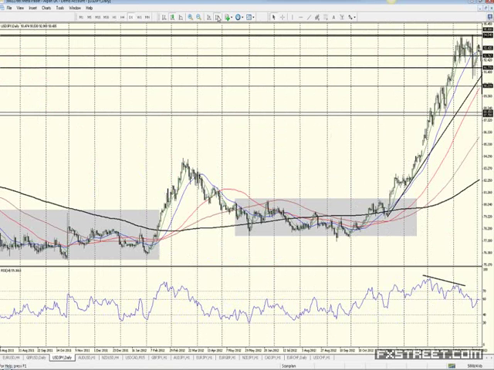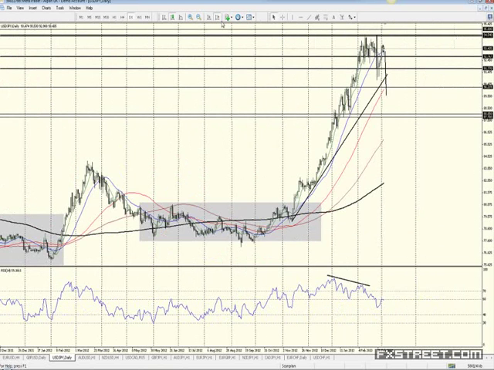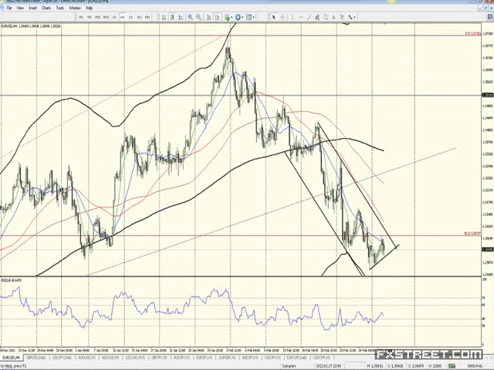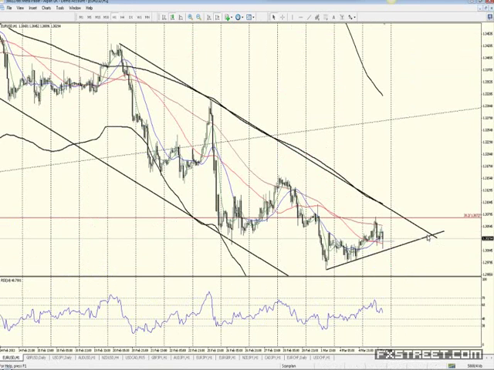I can take a quick look at euro dollar, and we see that the euro dollar is making an attempt down to test this trend line. So like we've been anticipating and planning, if it breaks below 1.30, and we like the break, a strong break, not one of those breaks with a very long tail to end the hour, then the pressure's back to 1.2965.